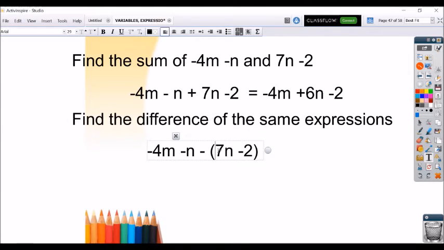So this actually becomes a -7n and a +2 once I have distributed that negative to make those parentheses go away. So now I can combine like terms. The only two that are alike are the ones that have the n as their variable. And so I get -4m minus 8n plus 2 because we had to distribute that negative sign.